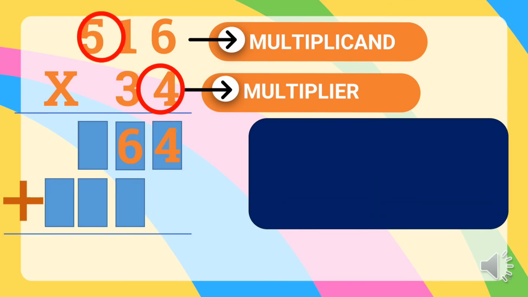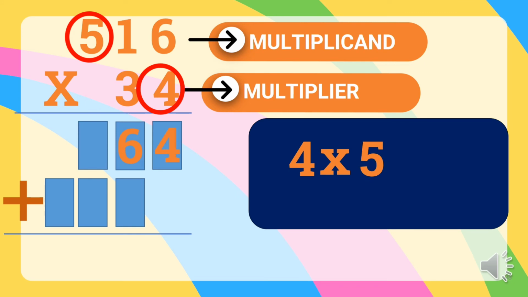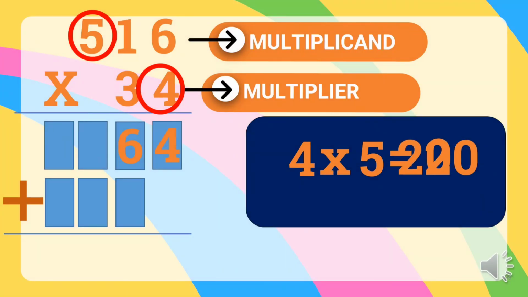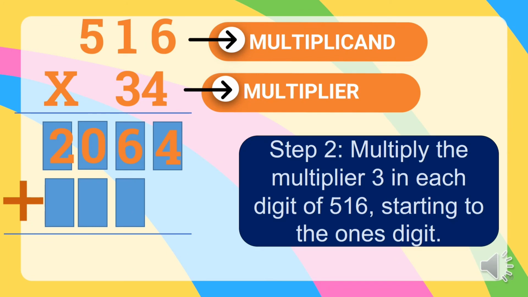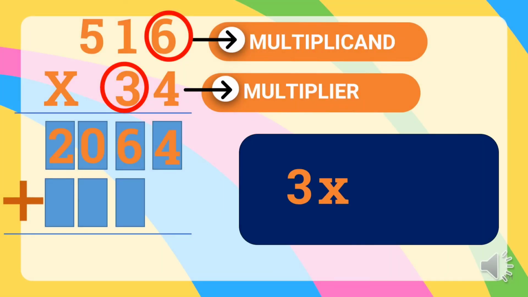Next is 4 times 5 is equal to 20. Step 2 is to multiply the multiplier 3 by each digit of 516, starting with the ones digit. So 3 times 6 is equal to 18.